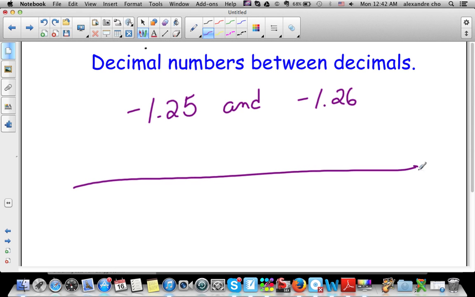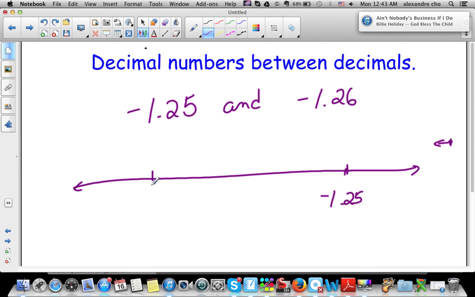Again, be careful when you're drawing your number line. It grows from left to right. So if you're starting on this side over here and you're walking that way, you start at 0 and your numbers start increasing. The first number you're going to reach is negative 1.25. And then as you keep walking, it has to be negative 1.26.